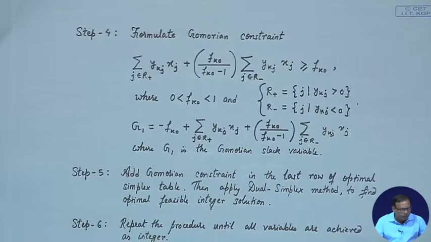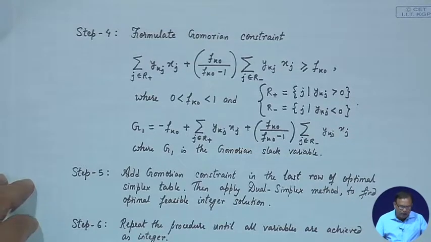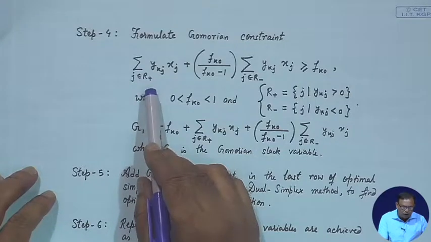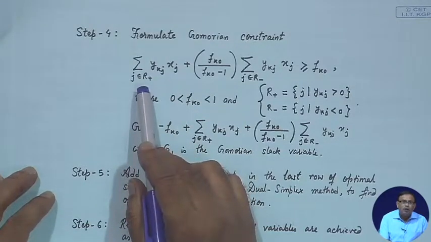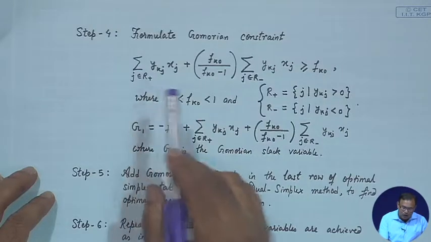Once I obtain this, I formulate the Gomory constraint like this: summation over j belongs to R plus of y k j x j.